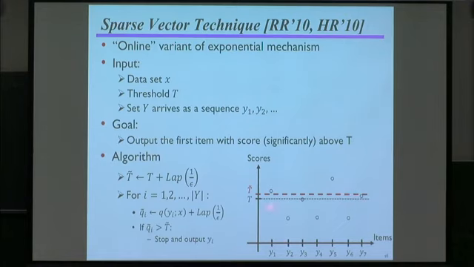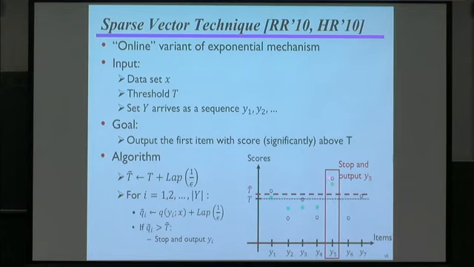Items come along one at a time, and each time an item comes along, you add noise to its score and compare it to the noisy threshold. The first item comes along, it's above the threshold, but you see a noisy score below the threshold, so you keep going. Next item comes along, you're still below the threshold. Next item, same thing. And then you hit an item that is way above the threshold, you add a little bit of noise, you're still above the threshold, you stop and you output that item.